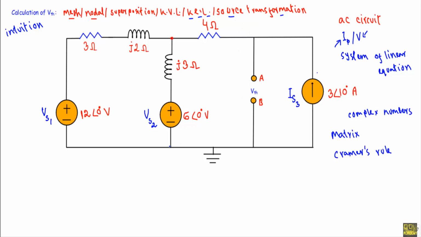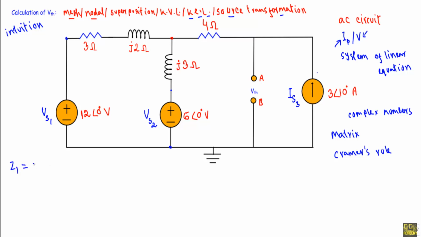Okay, now see, the source transformation theorem states that if I have a voltage source in series with an impedance, I can convert that to a current source, and I have to place that impedance in parallel with that current source. With this VS1 I have this impedance in series. With this VS2 I have this impedance J3 in series. Let's say I am denoting this branch impedance with Z1.